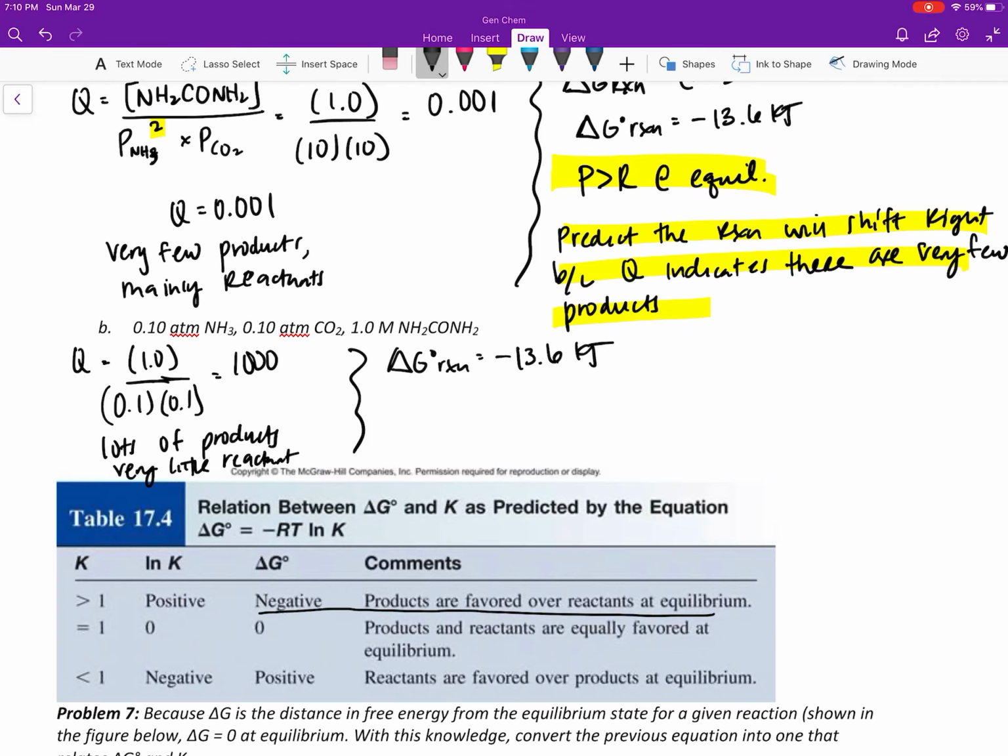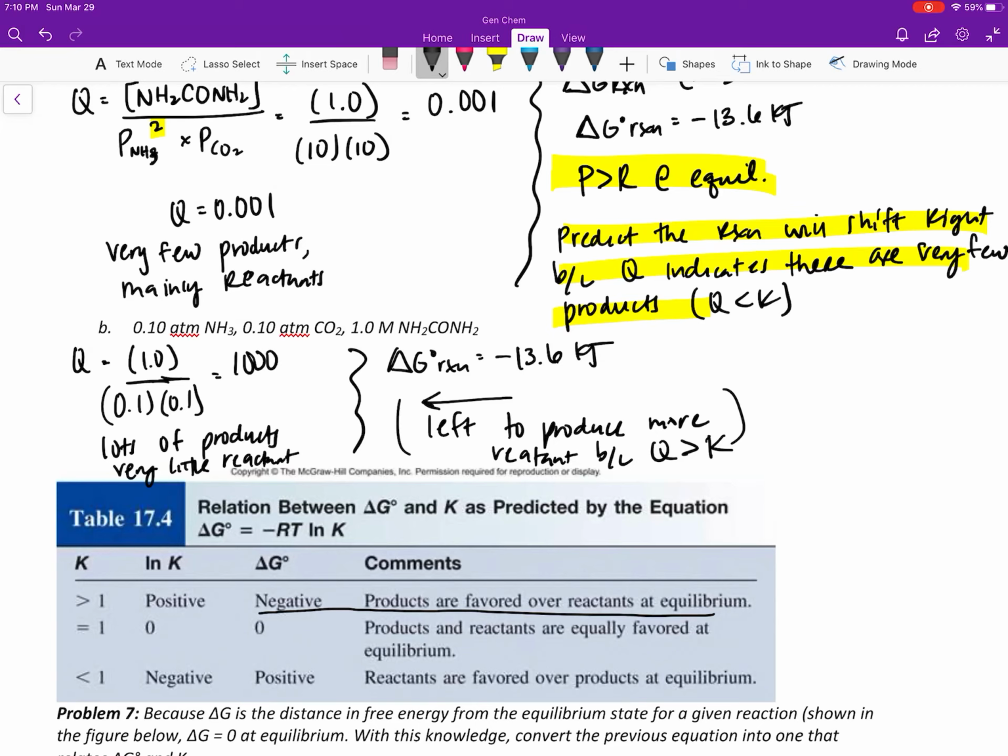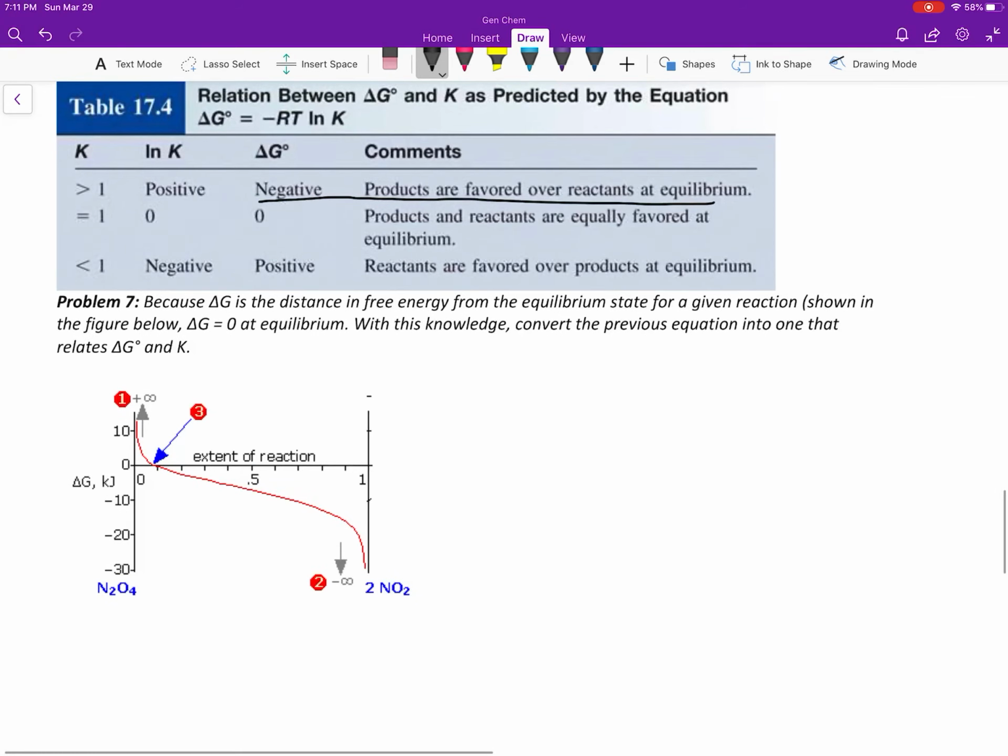And the reaction is likely to shift left because Q is greater than K. In the first case, Q was less than K. And in the second instance, Q is going to be greater than K. So now we have delta G, Q, and K, all of which help us predict the reaction's direction.